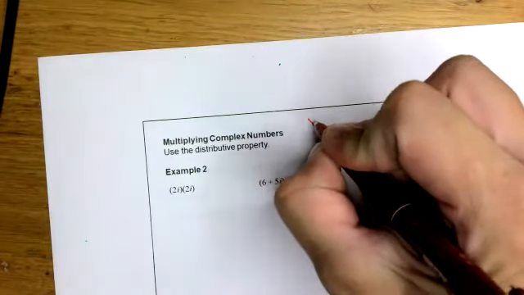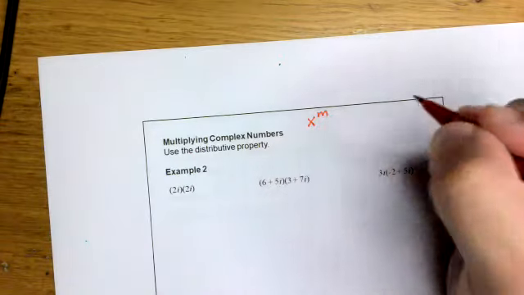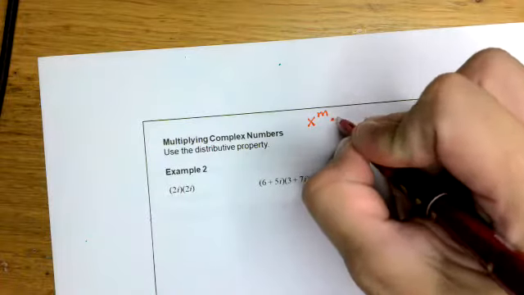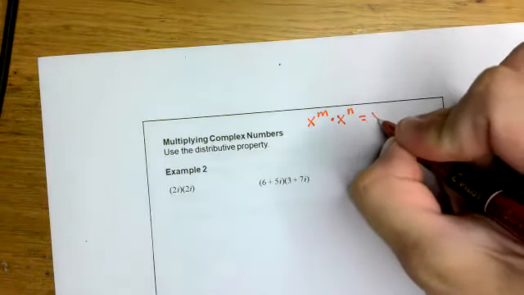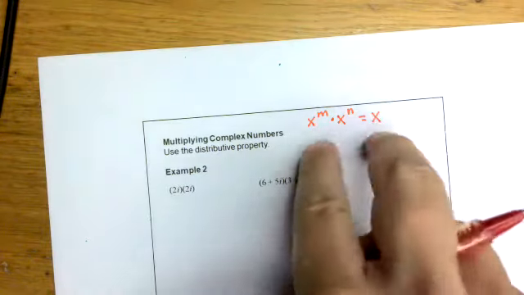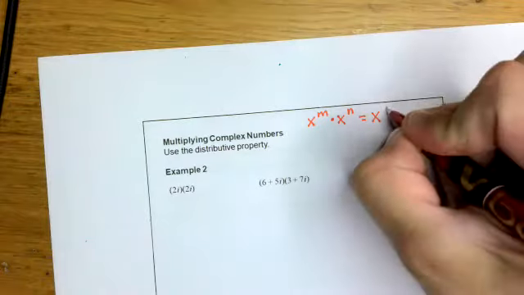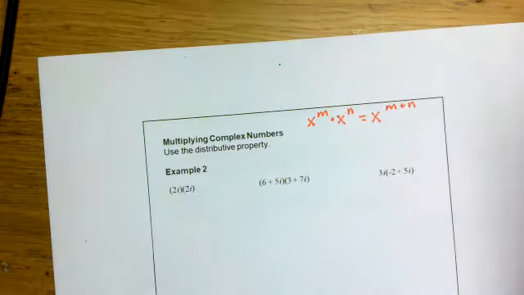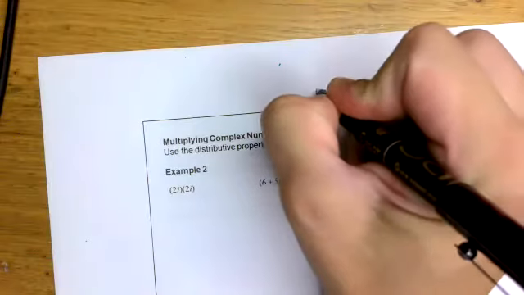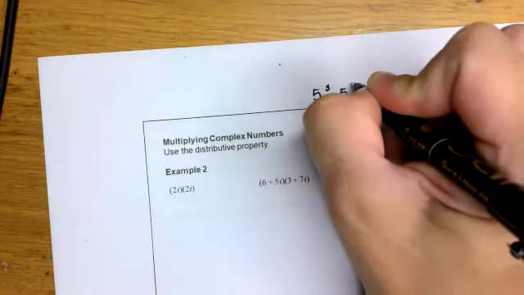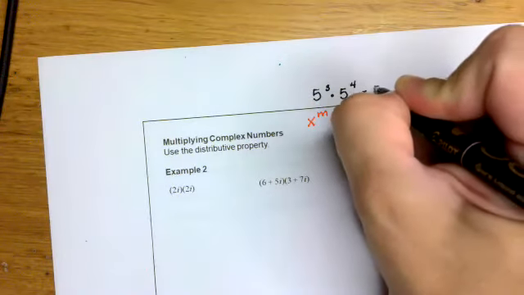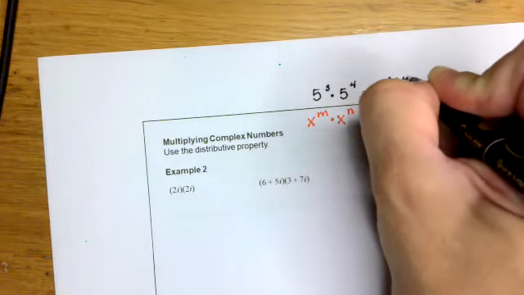So x to the m times x to the n, the way we solve it is we leave the variable the same and we add m and n. Or you could say 5 to the third times 5 to the fourth equals 5 to the third plus the fourth.